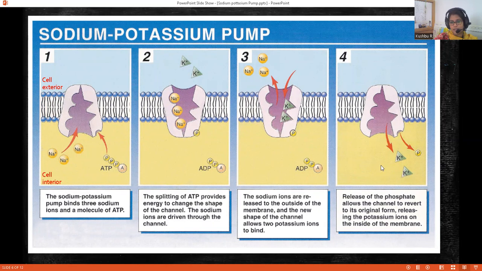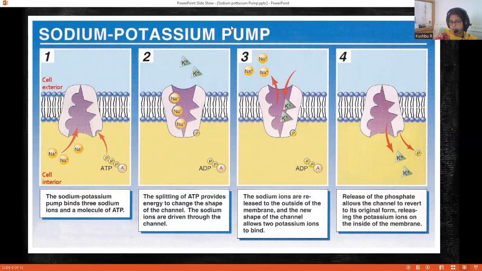Please understand, this is the interior of the cell, and this is the exterior of the cell. First, sodium ions bind to the protein, which facilitates the diffusion under the influence of ATP. The ATPase enzyme will hydrolyze this ATP into ADP and inorganic phosphate, and this inorganic phosphate will attach to the protein's ATP binding site, changing the conformation.